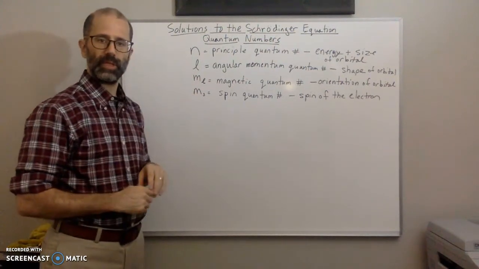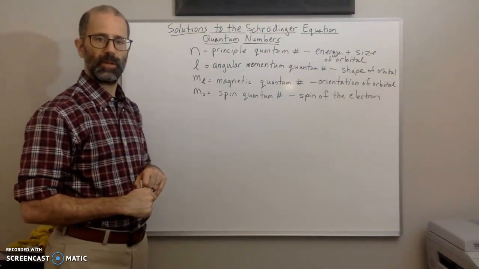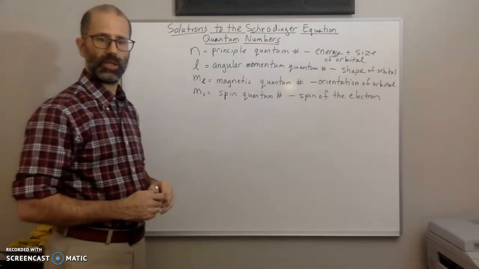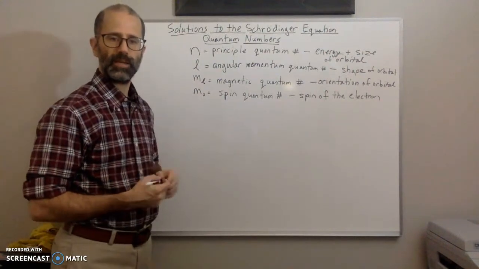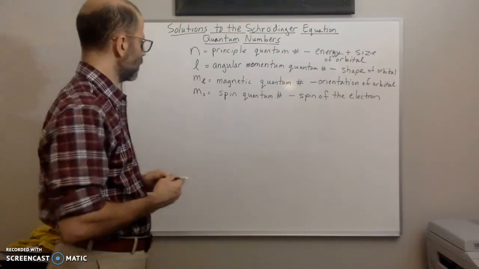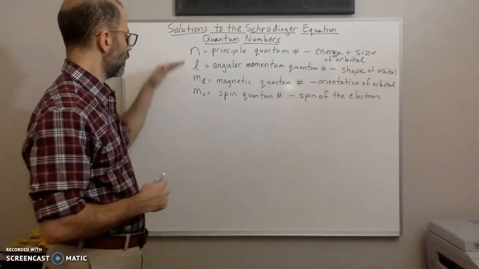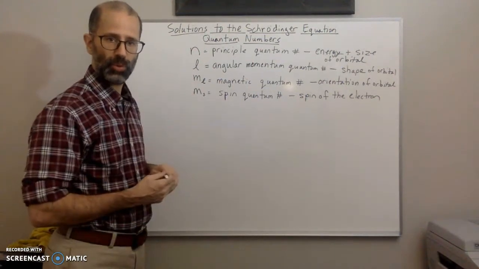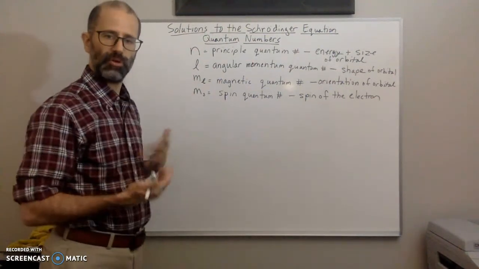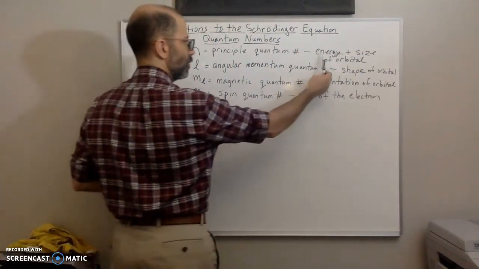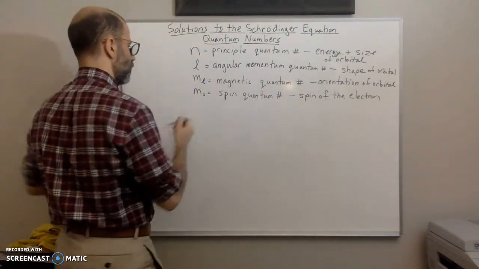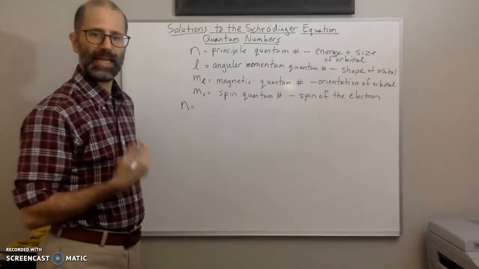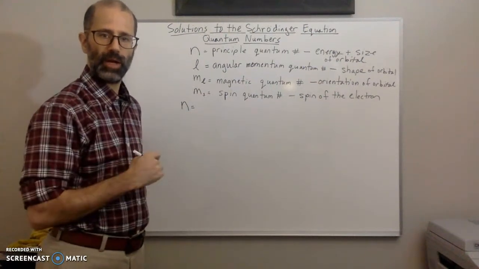All four of these are related to each other, especially these three. You can relate them through mathematical expressions. Each of these has a number or a range of numbers associated with them, and those numbers mean something. n can have any integer 1 or greater.